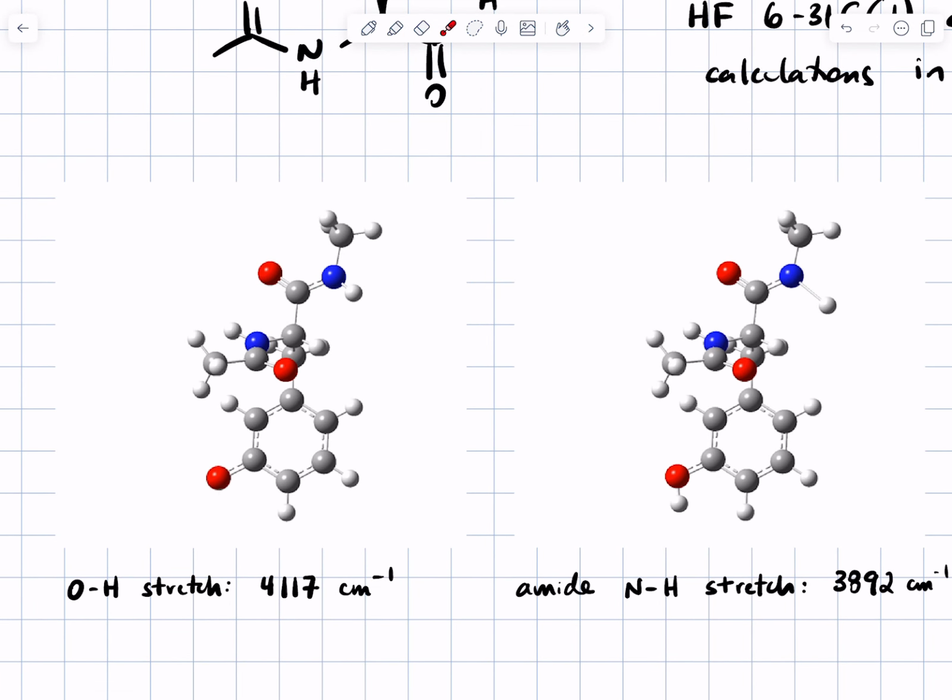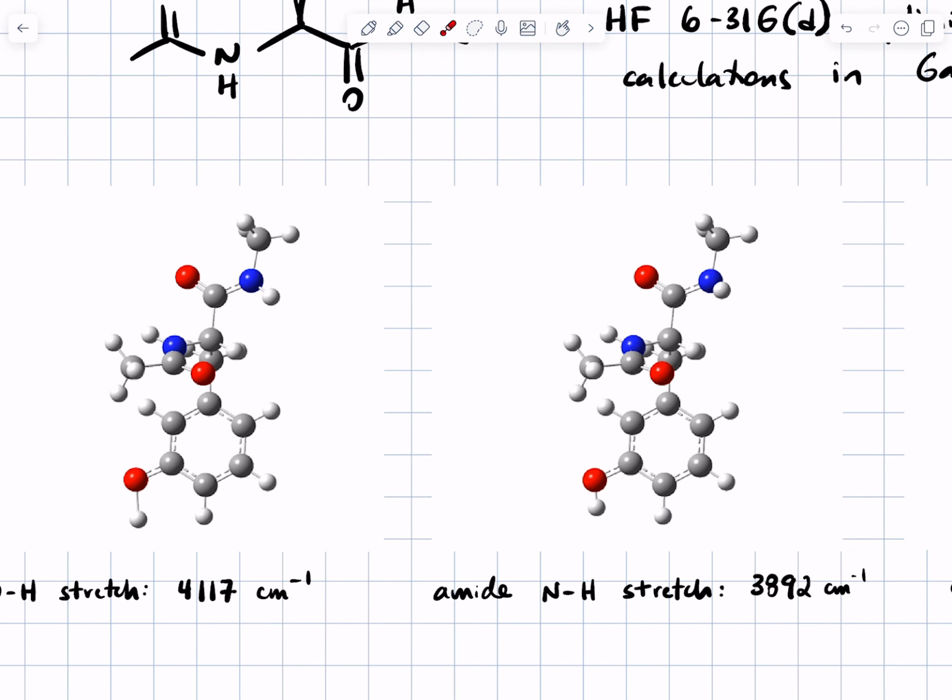An NH bond absorbs at pretty close to that, not quite the same, but in the same region. And you will see that bonds between a heavy atom like carbon, nitrogen, or oxygen, and hydrogen absorb in the sort of 3,000 to 4,000 region of the spectrum.